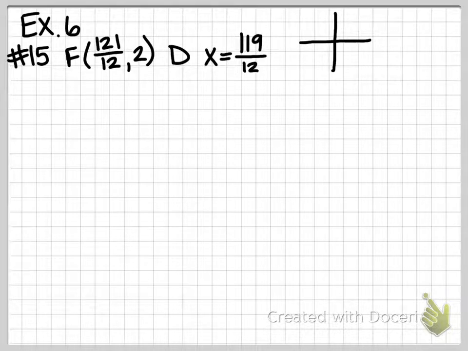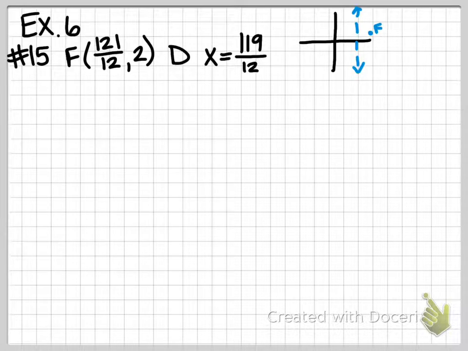So if I graph my focus, 121 over 12, comma 2 is a little over 10, comma 2. So just imagine I went past 10 and up 2. And then my directrix is at 119 over 12, which is a little over 9.